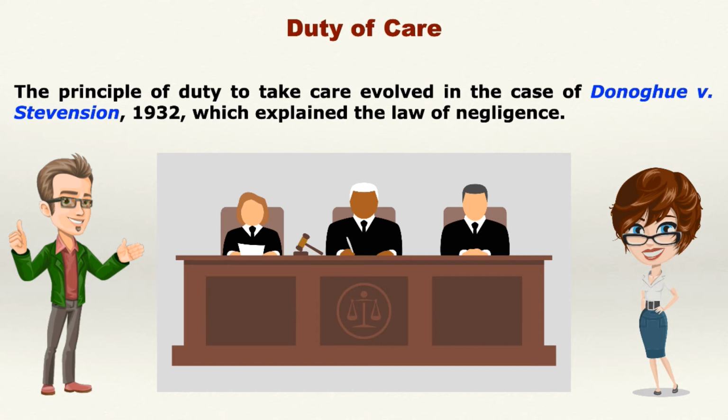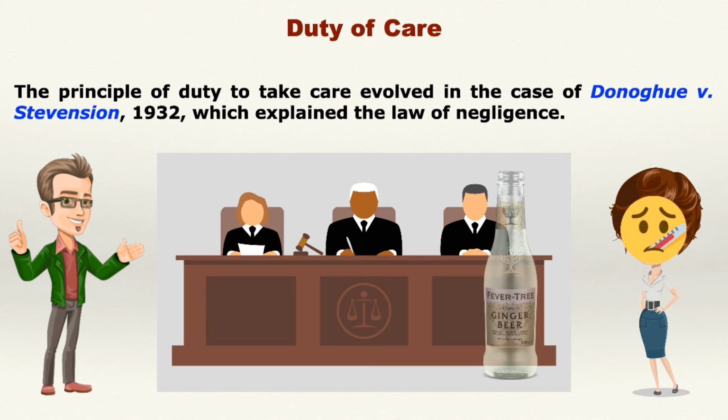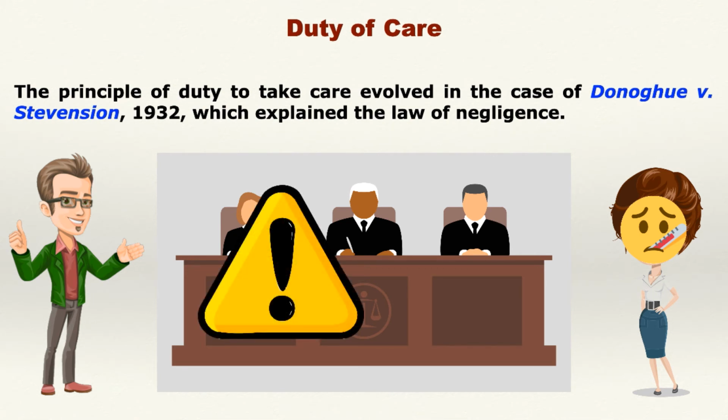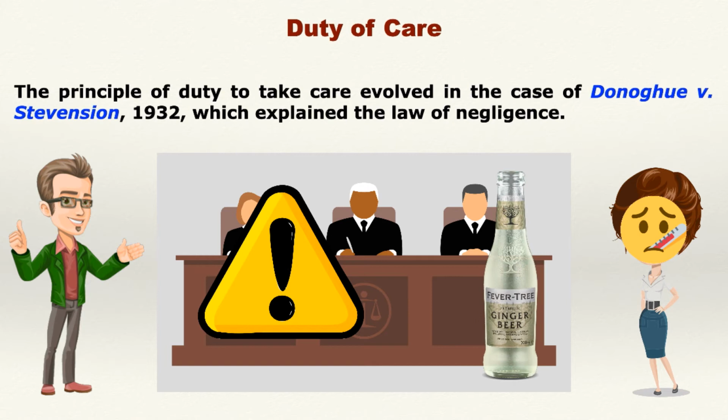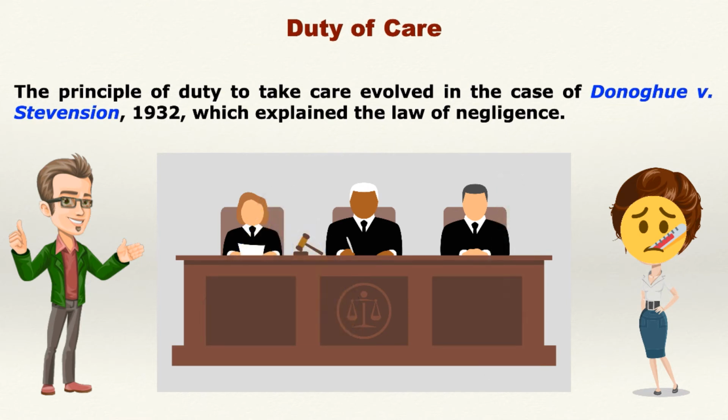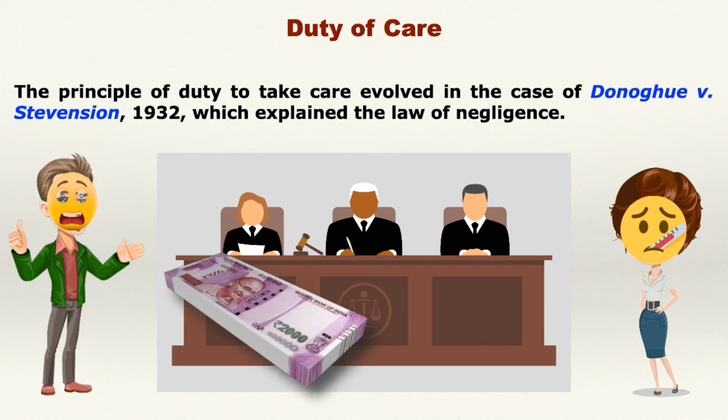Though she didn't pay, she consumed it and fell ill because of that decomposed snail found in her drink. So it is Stevenson's negligence that he didn't pay attention while manufacturing that beer. So Stevenson was found guilty and he paid the compensation.